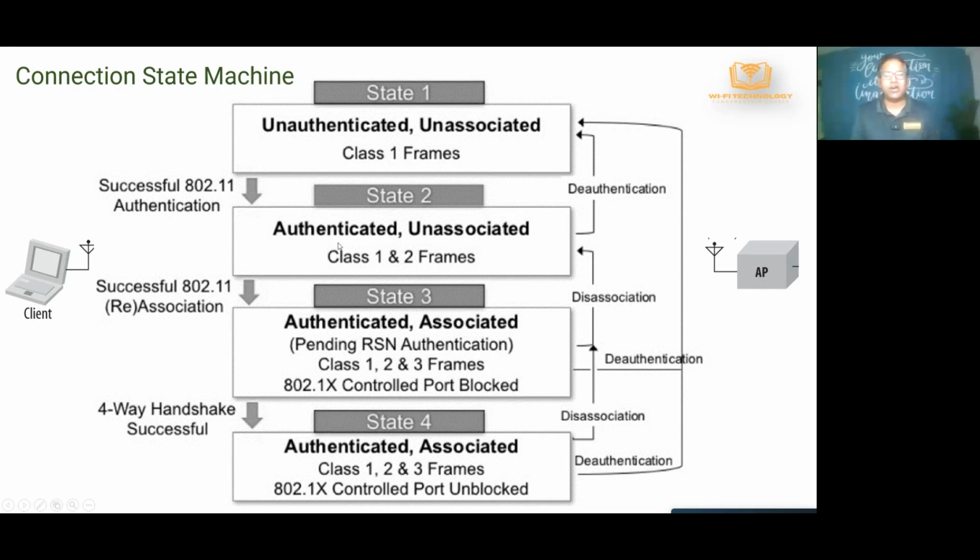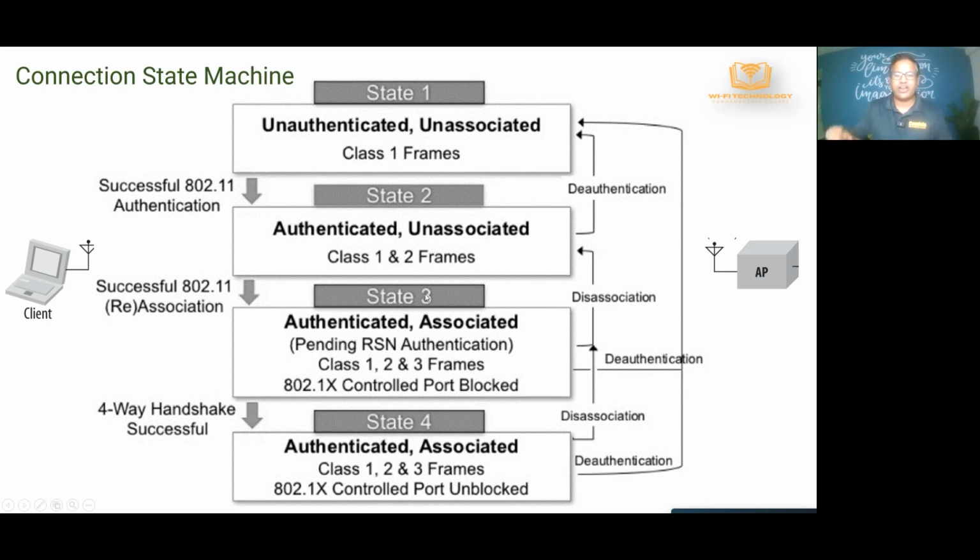So now it's in state 2, which is authenticated but not associated. Once it finishes the authentication process, if it does an association process, either association or reassociation, now it is fully authenticated and also associated, which is state 3. And then after that, if it does all the security handshakes, now it's authenticated, associated, and also ready to send data. So these are generally the 4 states in which the client can be with respect to the access point.